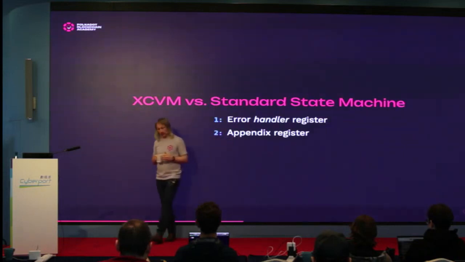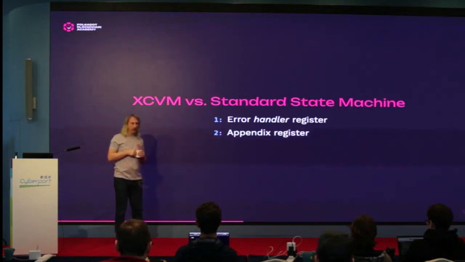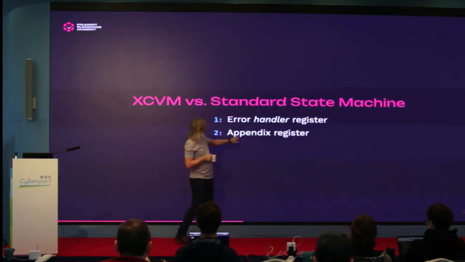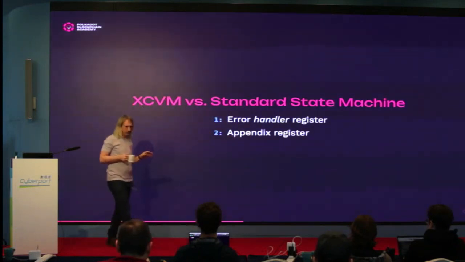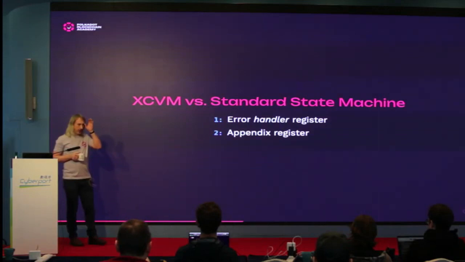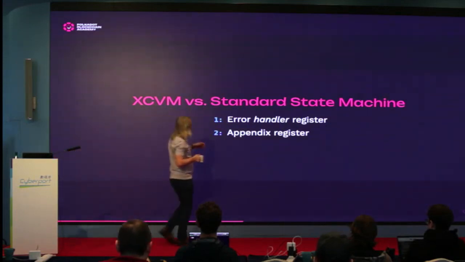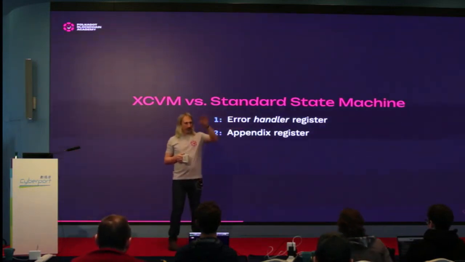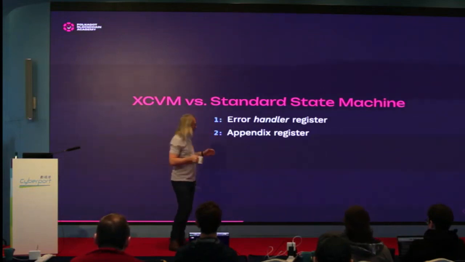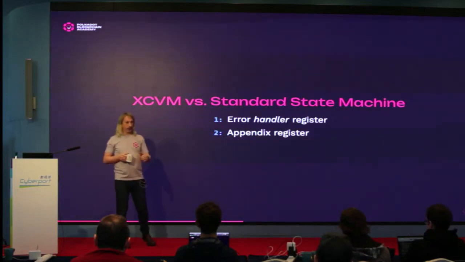What happens with the appendix register is that as soon as whatever program has finished executing, that program is replaced with whatever is in the appendix register, and the appendix register is cleared. So it's kind of like the thing that executes after whatever is finished executing. Notably, this isn't cleared if the error handler replaces the main program because of an error. So this is like the finally part of the try-catch-finally triad, right?